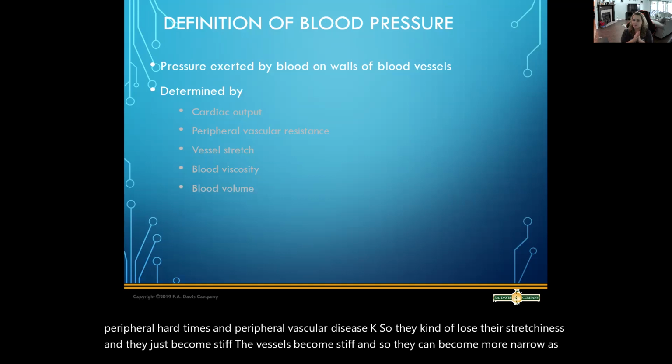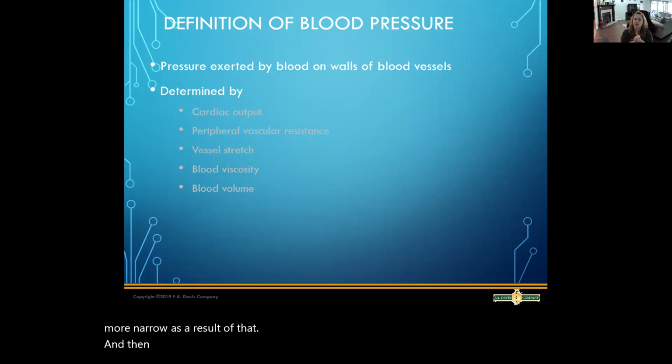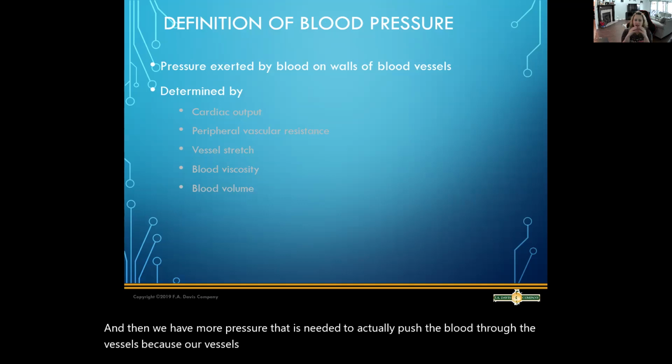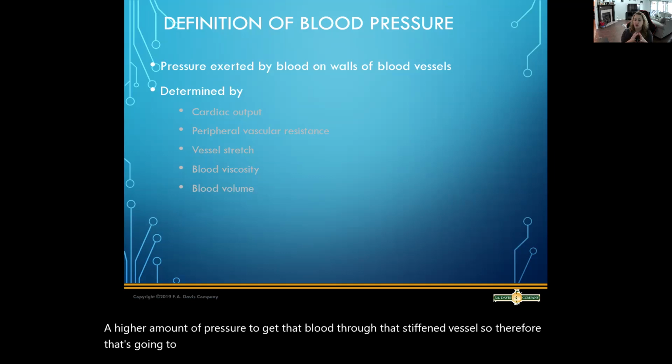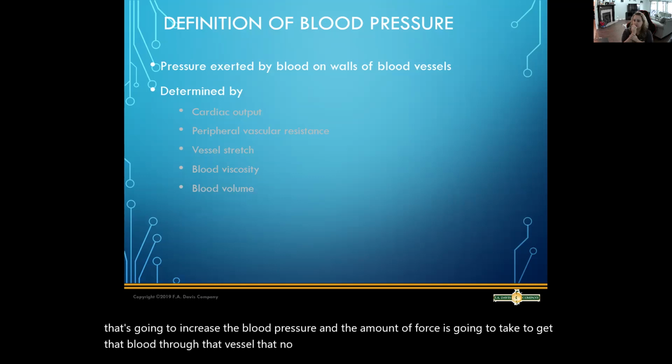Then more pressure is needed to push the blood through, because our vessels can't expand and contract like we need them to. So we have to force a higher amount of pressure to get that blood through the stiffened vessel. Therefore, that's going to increase the blood pressure, the amount of force it takes to get blood through a vessel that no longer stretches.